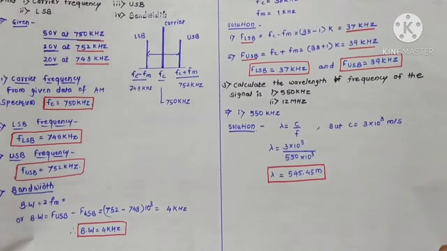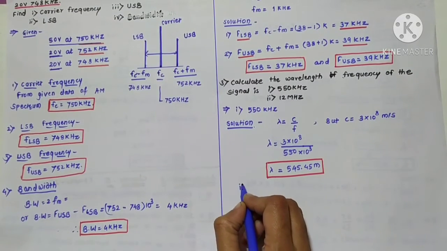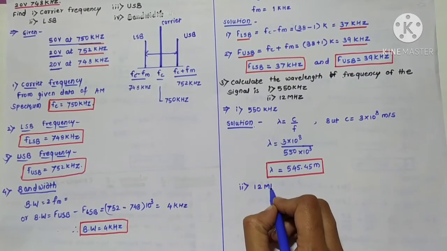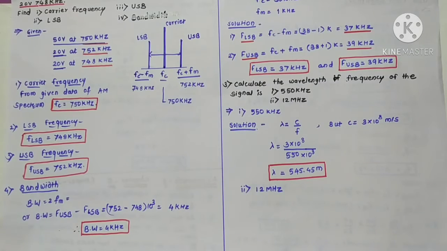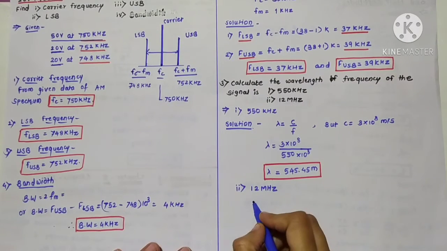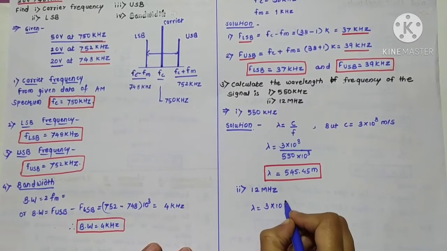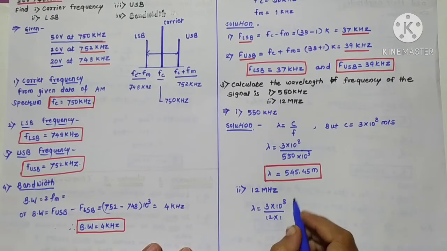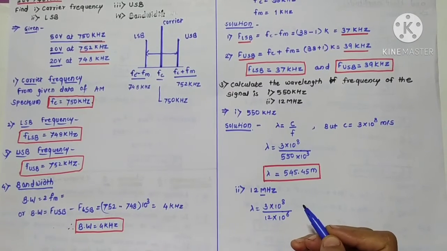Now let us find out the wavelength for the second frequency. This is 12 megahertz. By putting this value, lambda is equal to 3 into 10 raised to 8 upon 12 into 10 raised to 6. It is given in megahertz.